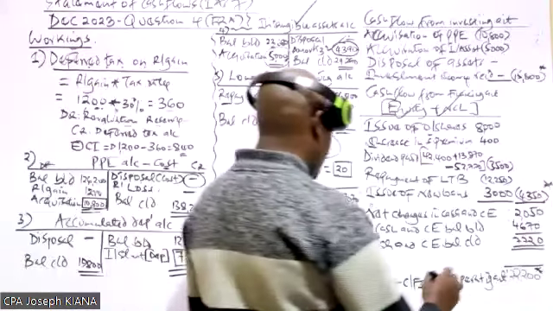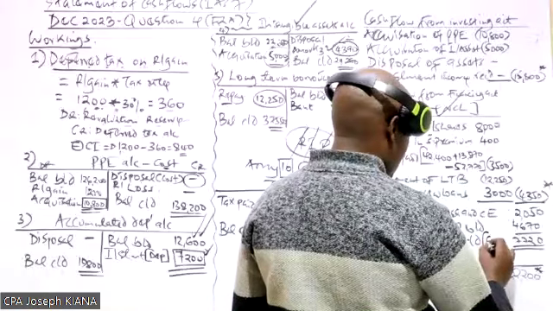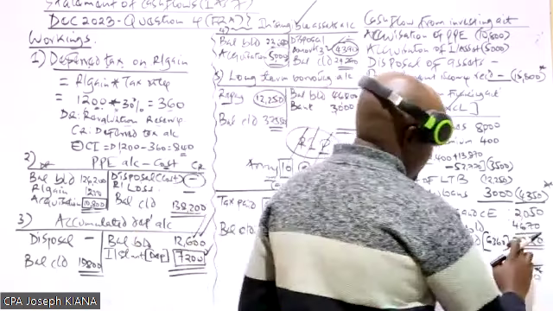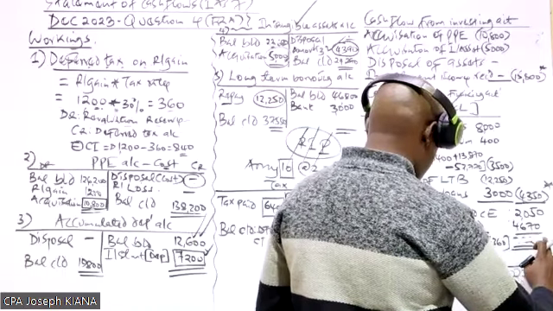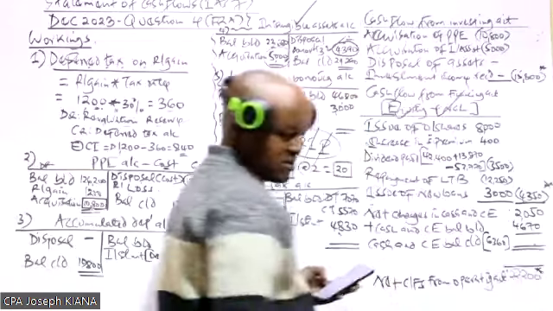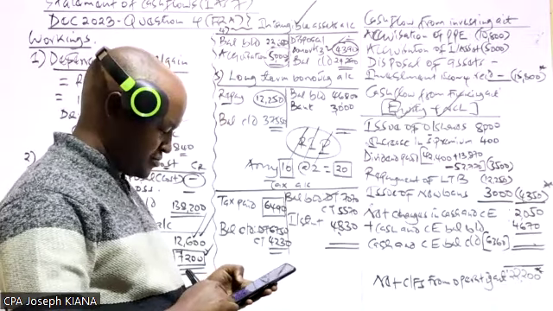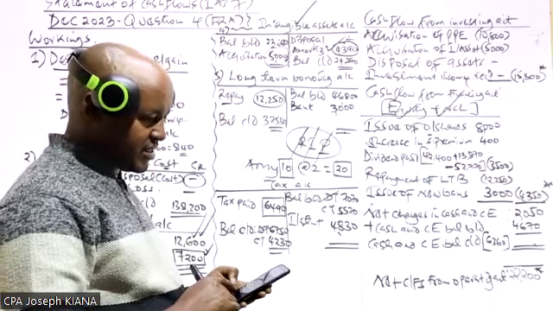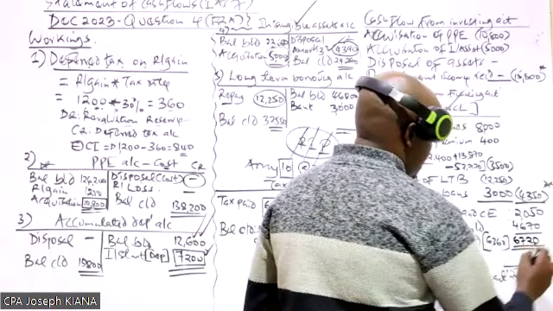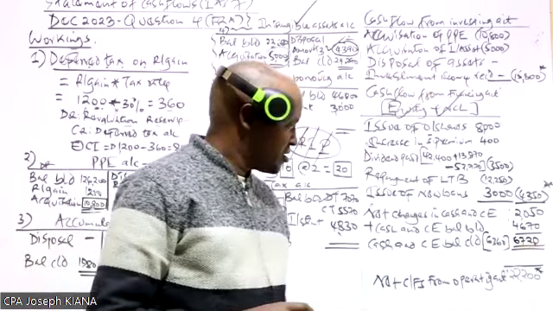Because it should reconcile with what we have in our statement of financial position, this one. 6,360. Adding those 2 figures, 6,720. So it is not the same with this one.